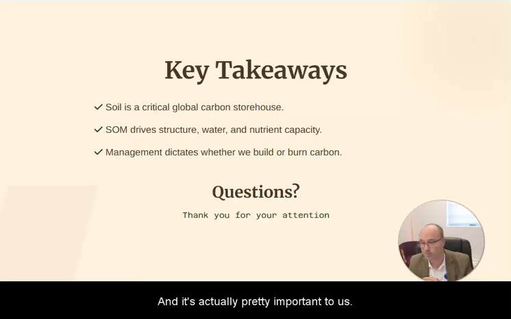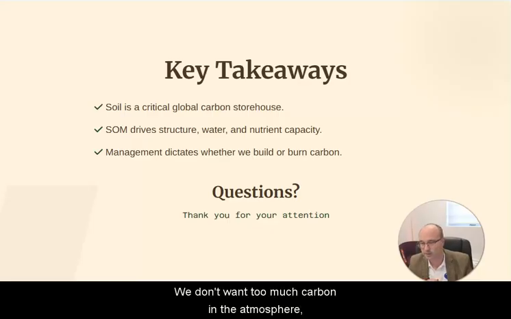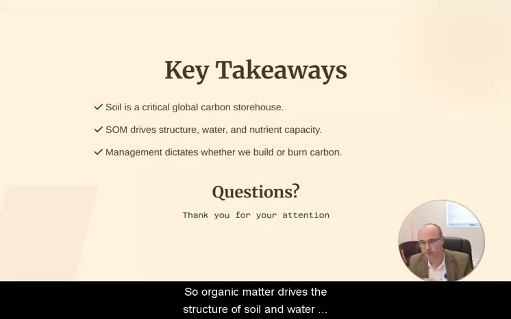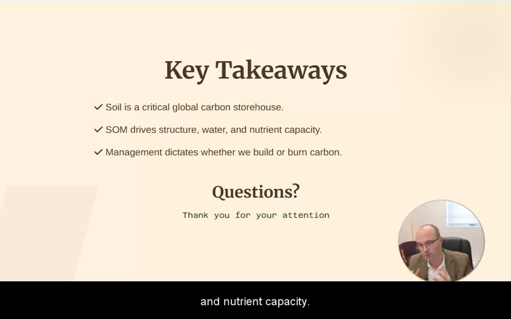And it's pretty important to us. We don't want too much carbon in the atmosphere, because, as you know, too much carbon causes a greenhouse effect and warms our planet. So we'd like it to be in the soil. Soil organic matter drives the structure of soil and water and nutrient capacity.